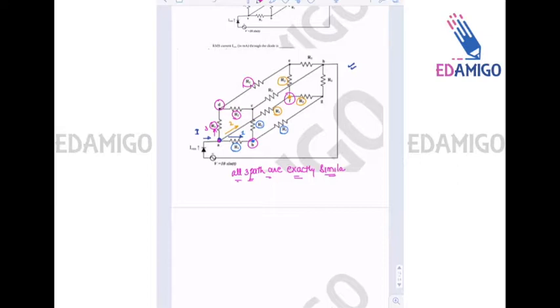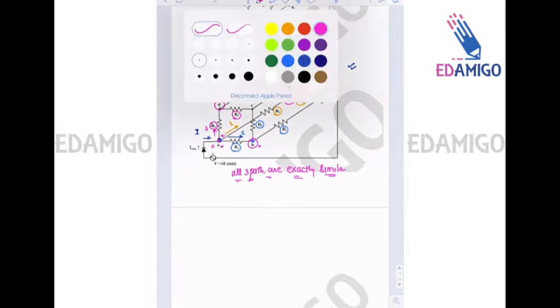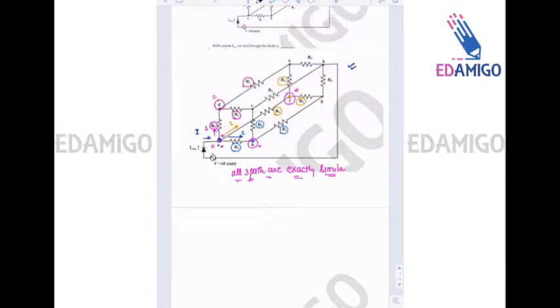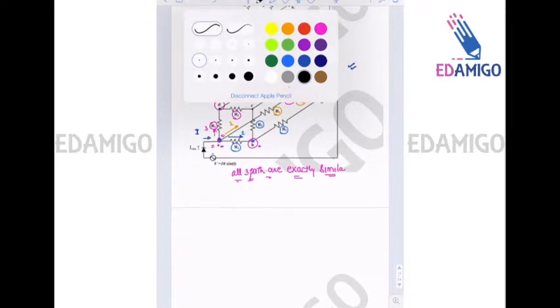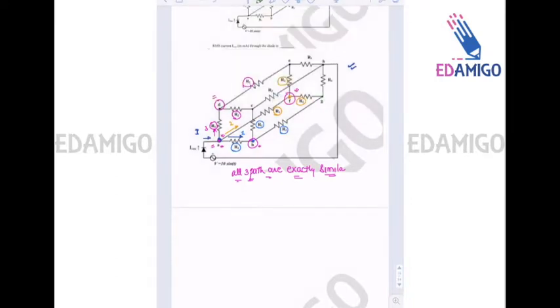Now since they are at the same potential, and the resistance between F and A, B and A, D and A is the same, R1, R1, R1, and since potential is the same and resistance is the same, I can say that this incoming current at node A will split itself into three equal components.